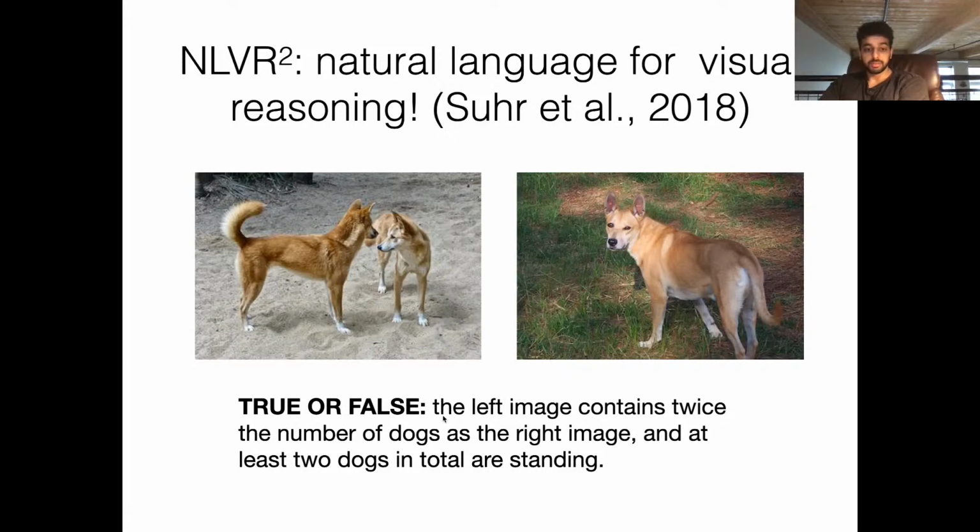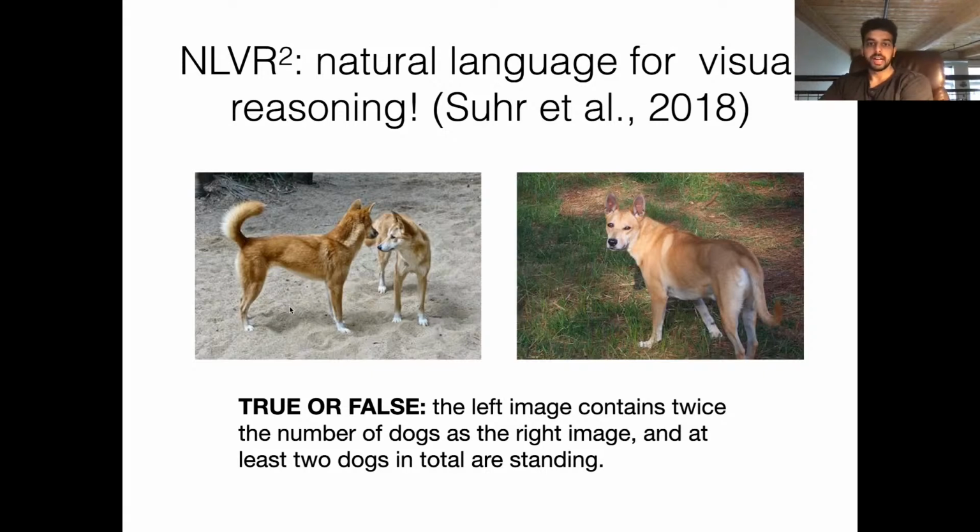If you look at what the statement is, the left image contains twice the number of dogs as the right image. So that seems to be true. And at least 2 dogs in total are standing. That also seems to be true. But some of these are not easy for humans. It requires quite a bit of reasoning.